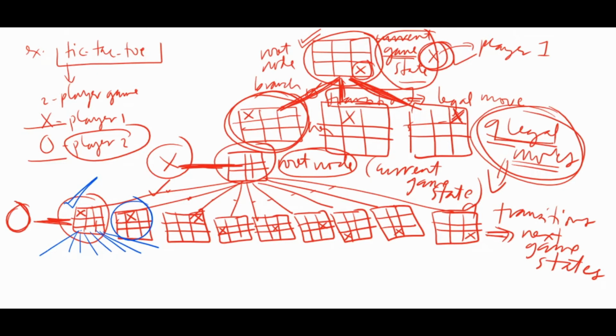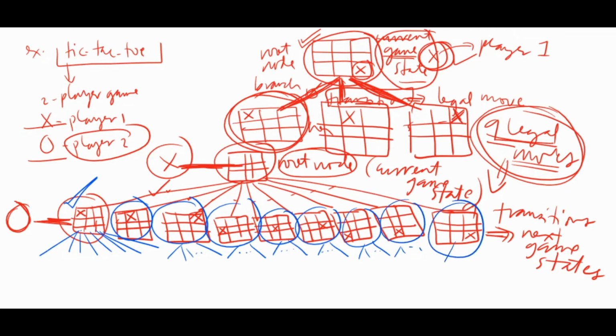Leading to 8 next game states. This one also has 8, and this one, and this one, and this one. And lastly, this one also has 8 transitions.